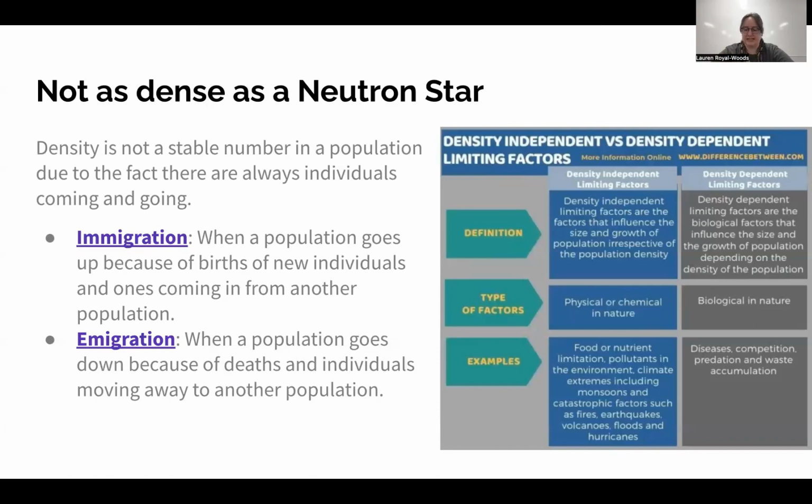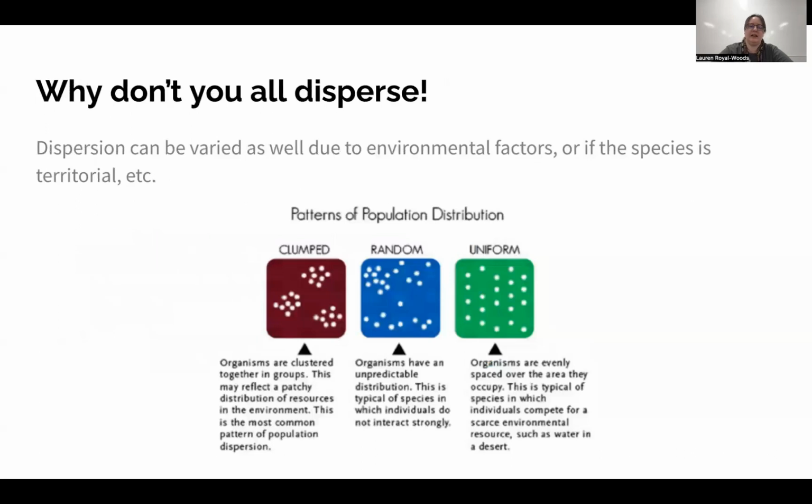So with that said, all right, now dispersion can be different. There are three basic types of population dispersion or distribution: clumped, random, and uniform. Clumped is usually the majority. You'll notice there's a lot of clumps. We live in clumps. Think about it: there's towns, and then fields and fields and fields, especially in the Midwest.